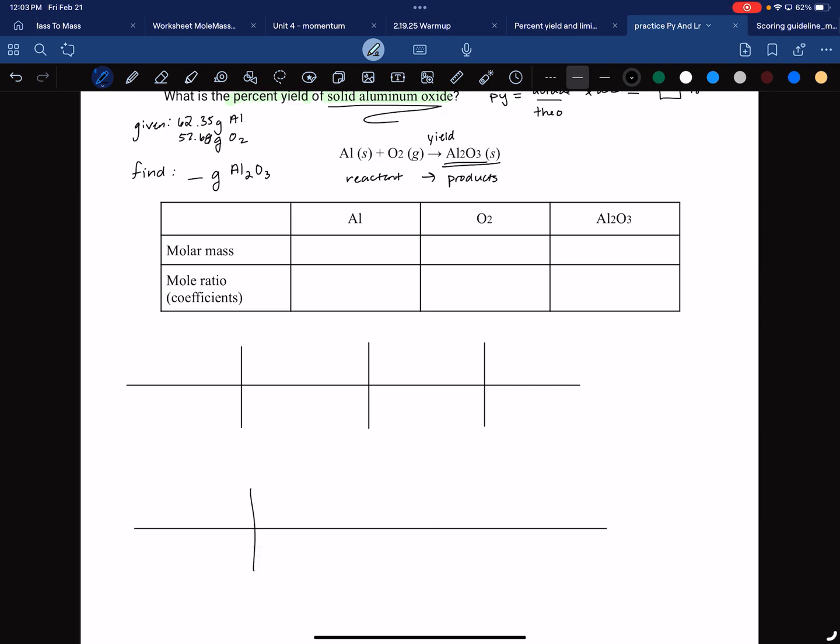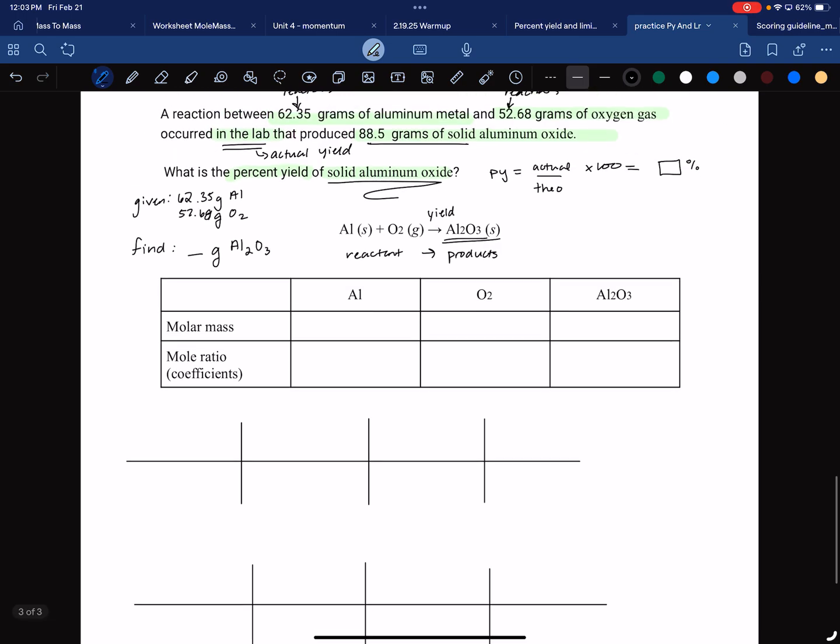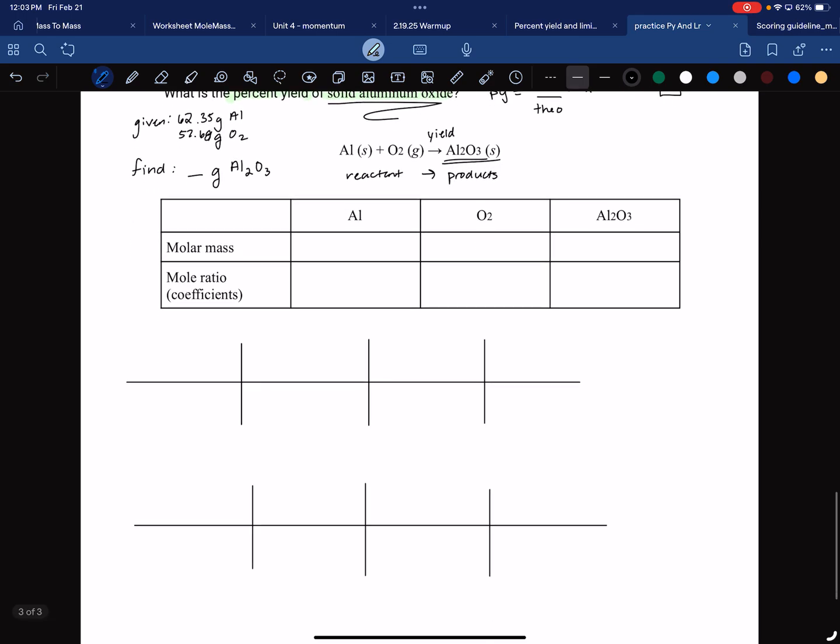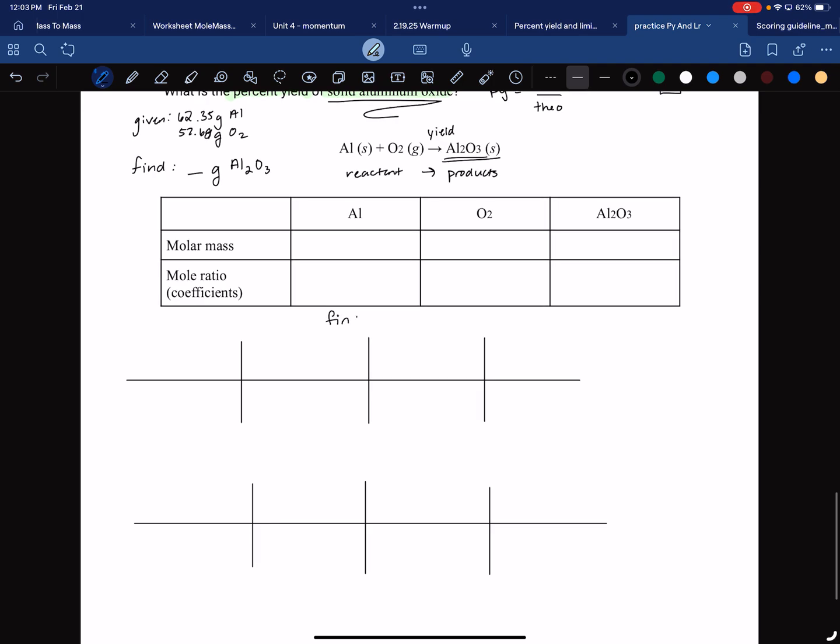Okay. And I know that from these T-charts, I'm going to be able to figure out what my theoretical yield is going to be. So I'm going to write, use this to find the theoretical yield, just like how we did yesterday.